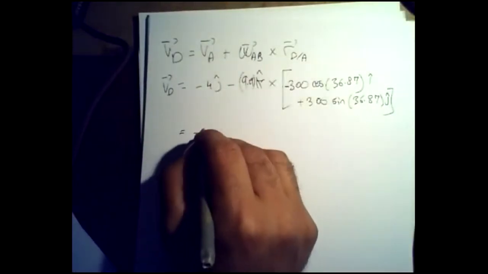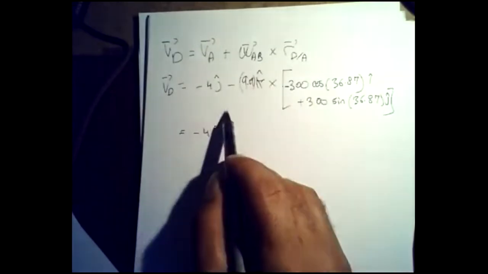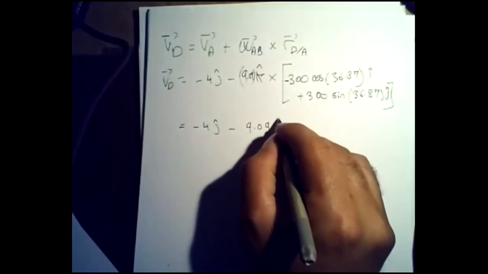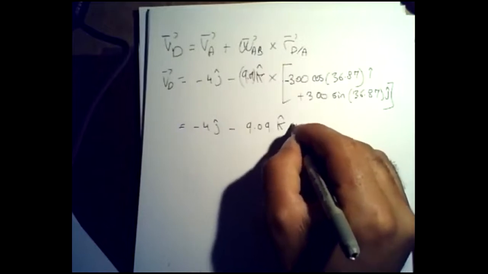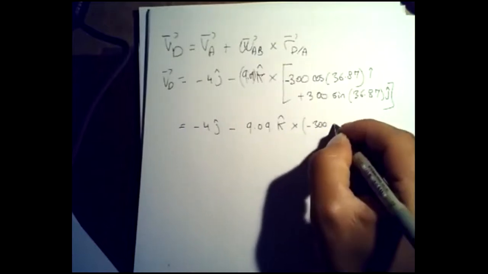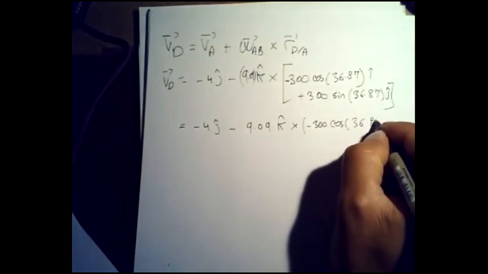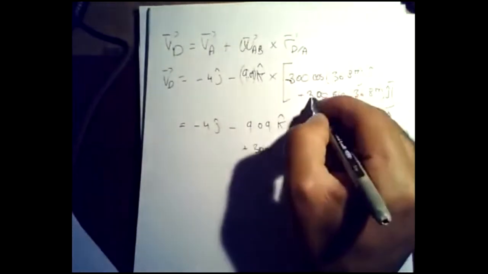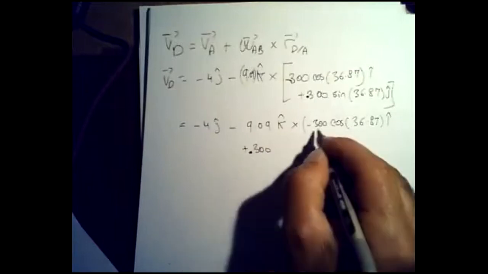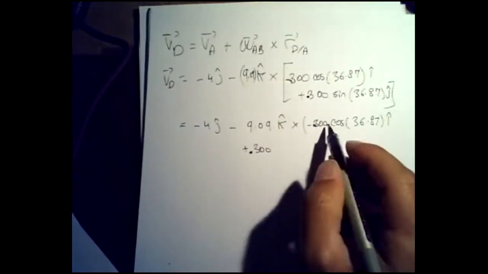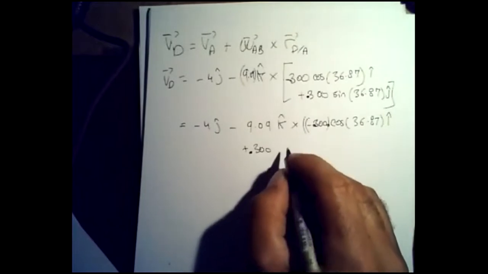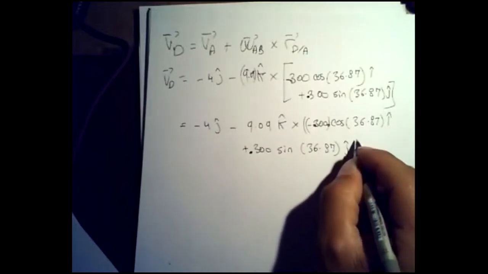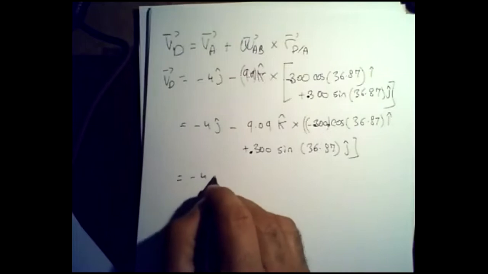I'm going to rewrite that. So minus 4J minus 9.09 K cross 0.3, sorry, 0.3. That is going to be equal to 4j.